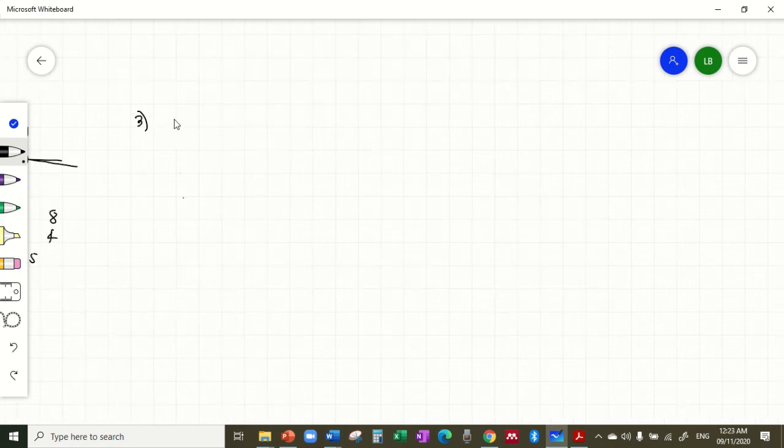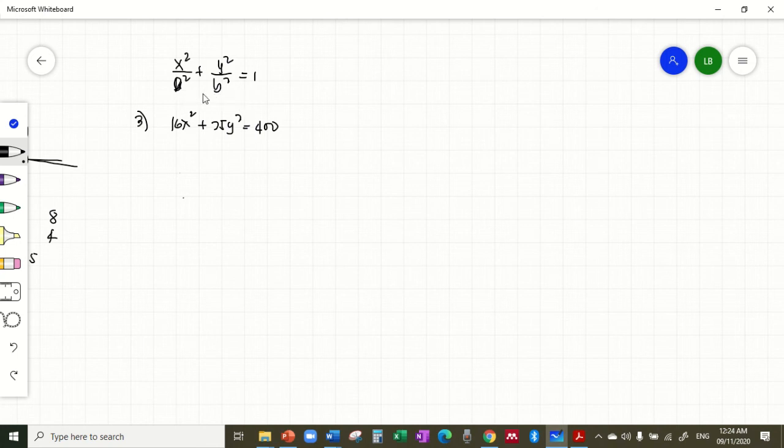So, pag meron naman tayong 16x squared plus 25y squared equals 400. So, makikita nyo na hindi siya standard form. So, dapat ang standard form natin ay x squared over a squared plus y squared over b squared equals 1.